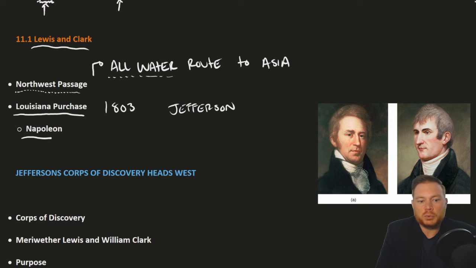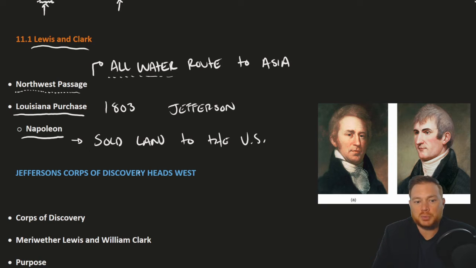But the then ruler of France, in 1803, decided that the French would give up their empire in North America and sell the land to the United States. So we might say of Napoleon, sold land to the U.S.